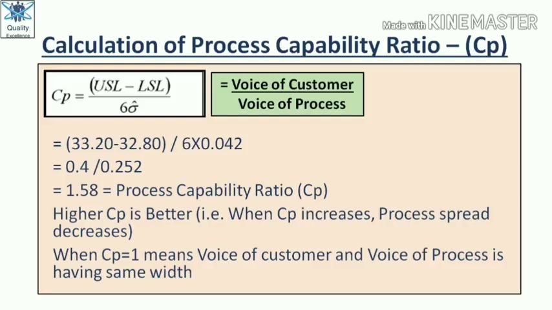And when CP is equal to 1, it means voice of customer and voice of process have the same width, meaning numerator and denominator are the same, USL minus LSL and 6 sigma, both values are the same.